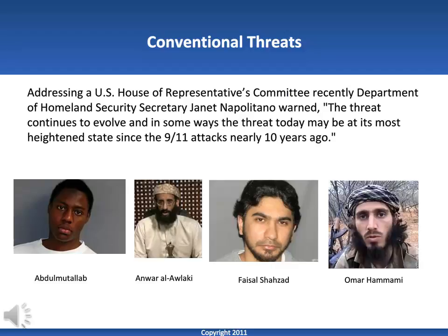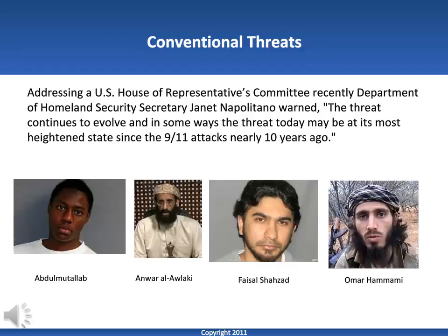A second group that has also tried to strike the United States is what is known as the Pakistani Taliban, or Tehrik-e-Taliban Pakistan, the TTP. And it was the TTP that recruited and trained Faisal Shahzad, who in May of 2010 sought to set off a vehicle-borne improvised explosive device in Times Square.